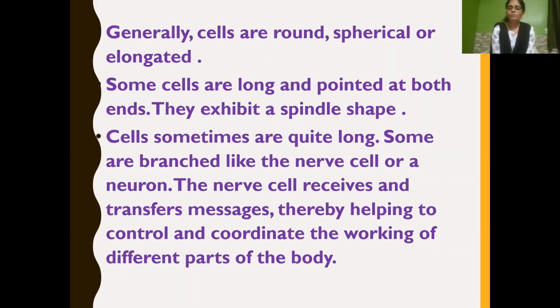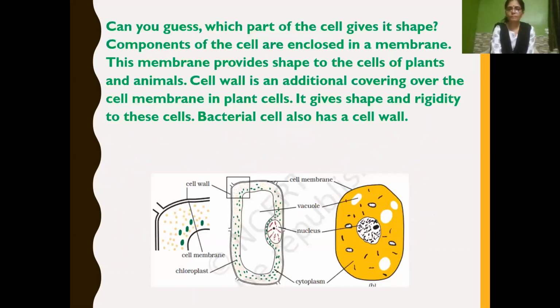That is, they help to control and coordinate the working of different parts of the body. For this function the nerve cell is very long and branched, because it has to connect various parts of the body, isn't it? So the shape of the cell is related with the function it performs.